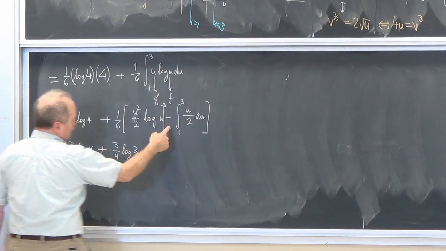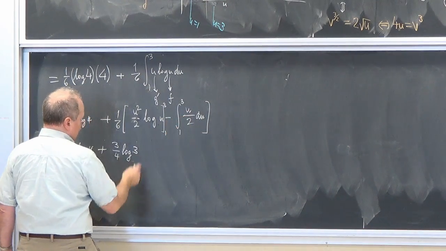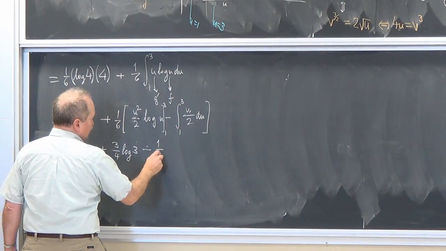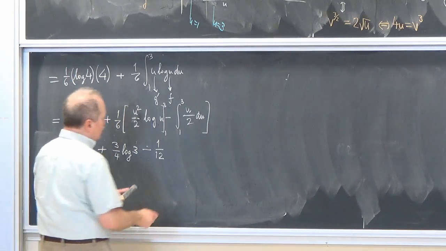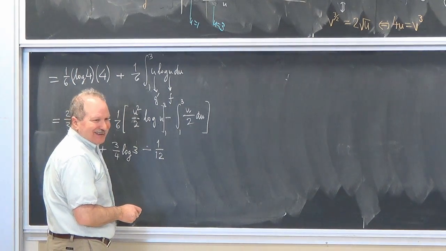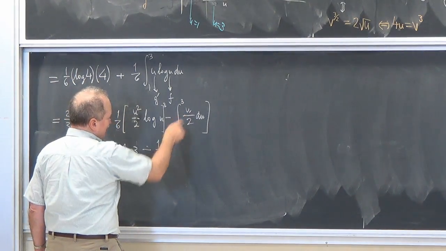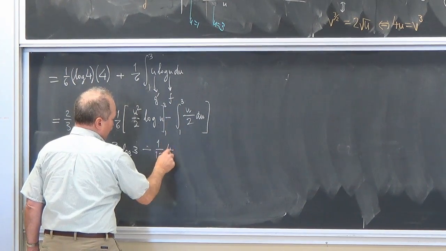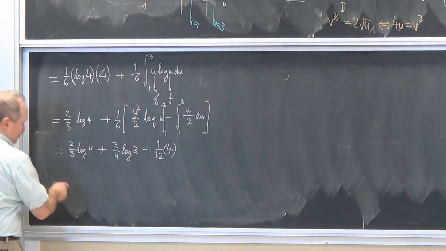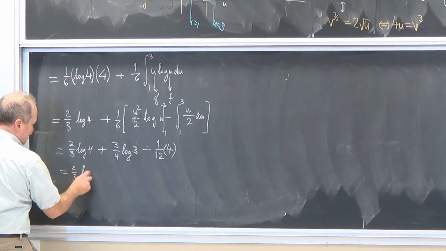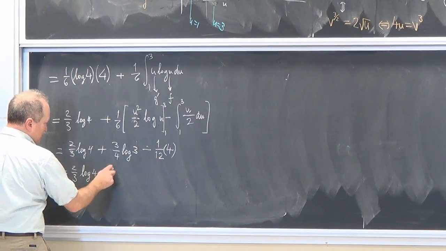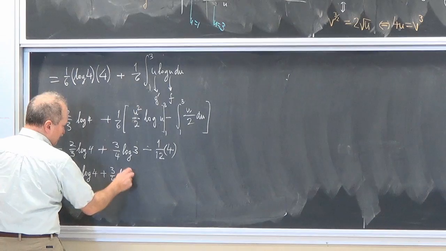And then I have to subtract the integral of u over 2, so that's u squared over 2. We've done that before, right? That's 4, and that's the answer. Pretty amazing mess, isn't it? 2/3 log 4 plus 3/4 log 3 minus 1/3.